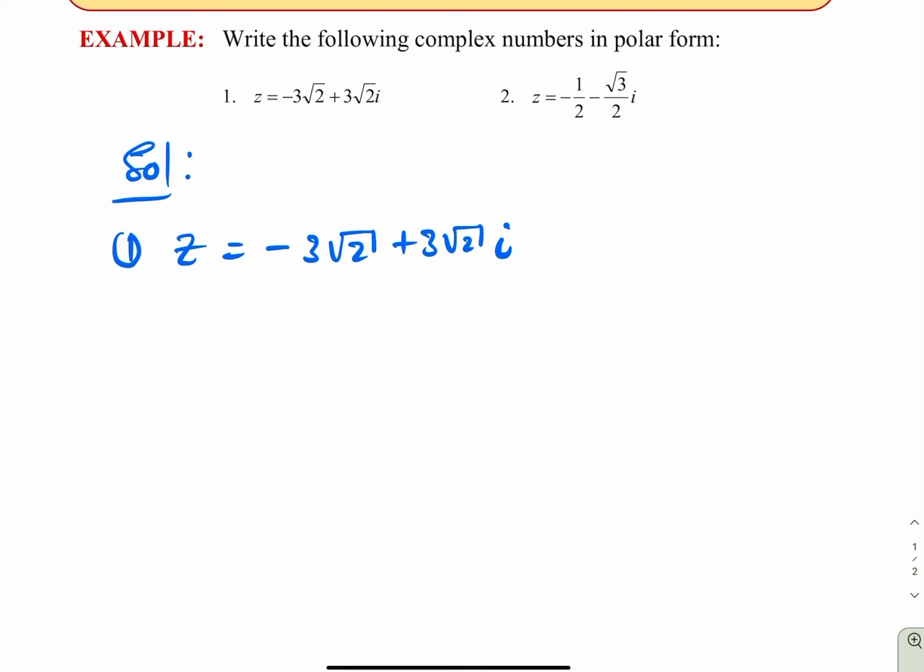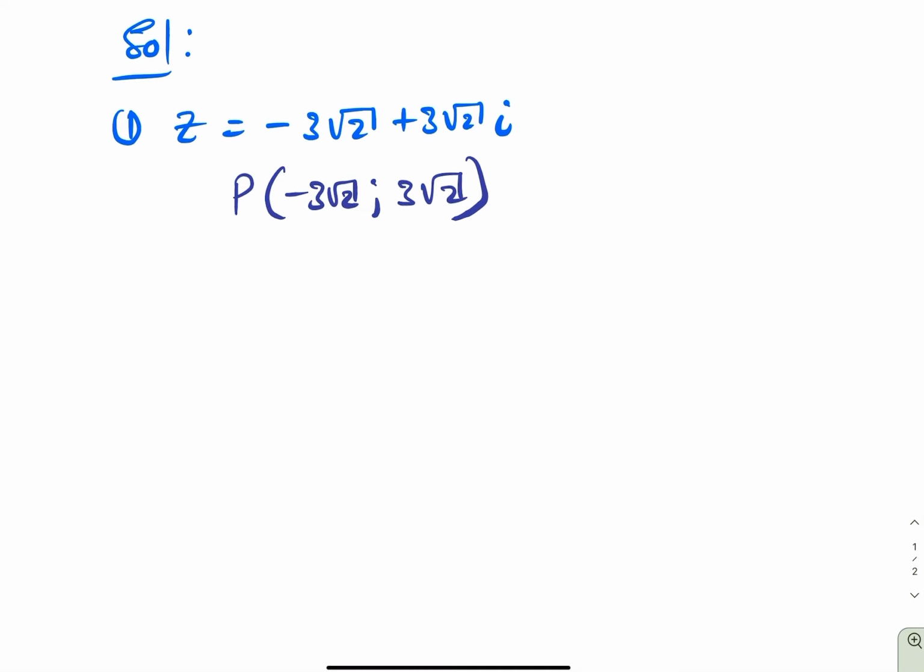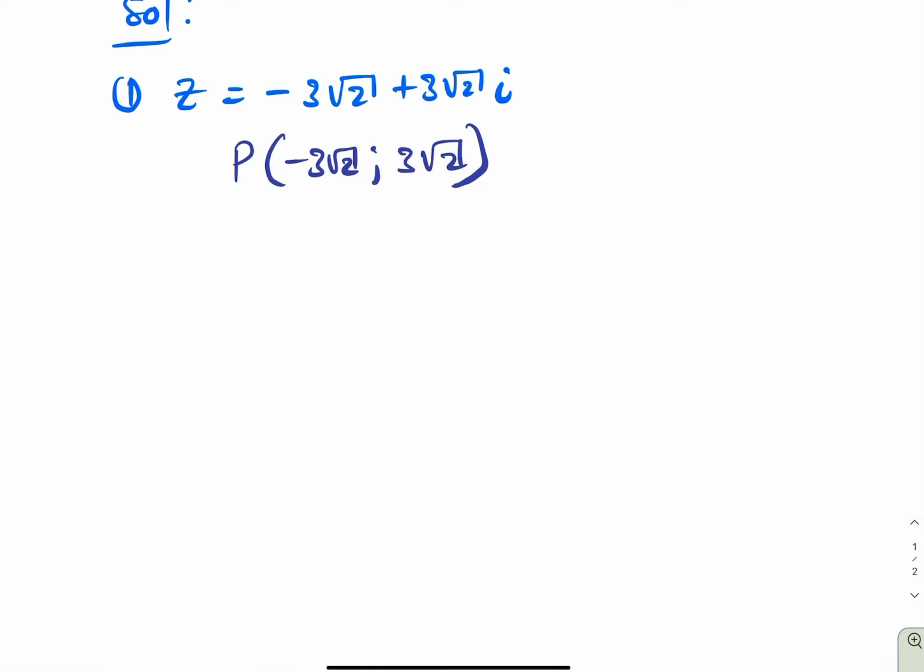So let me have the point negative 3 root 2 and 3 root 2. I'm going to graph this in the complex plane and see how my angle and my r, the absolute value, behave. So let me try to draw it.